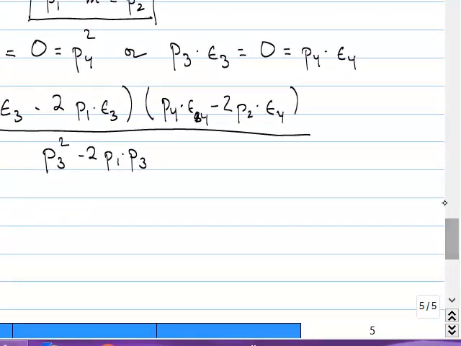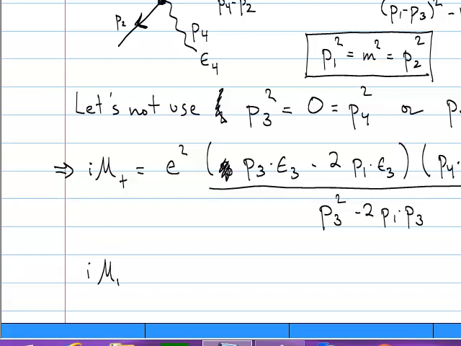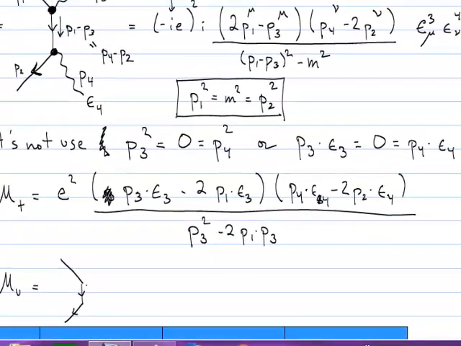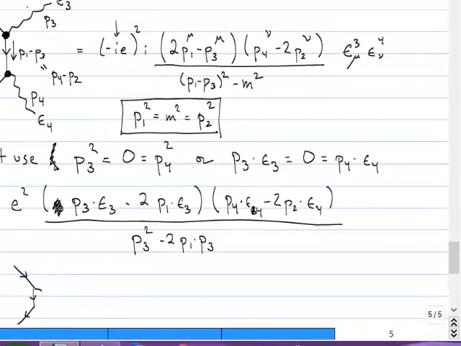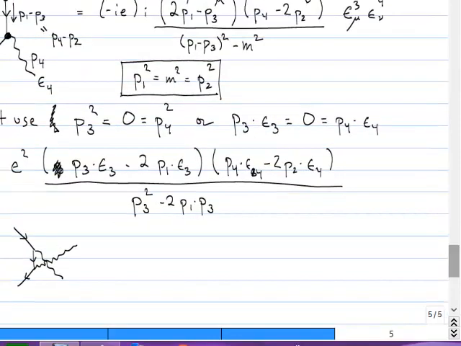And similarly, there's a U-channel diagram, which is the same diagram, except those are squiggly lines. It's hard to tell that they're hopping over one another, but they are. So we exchange the two external photons.